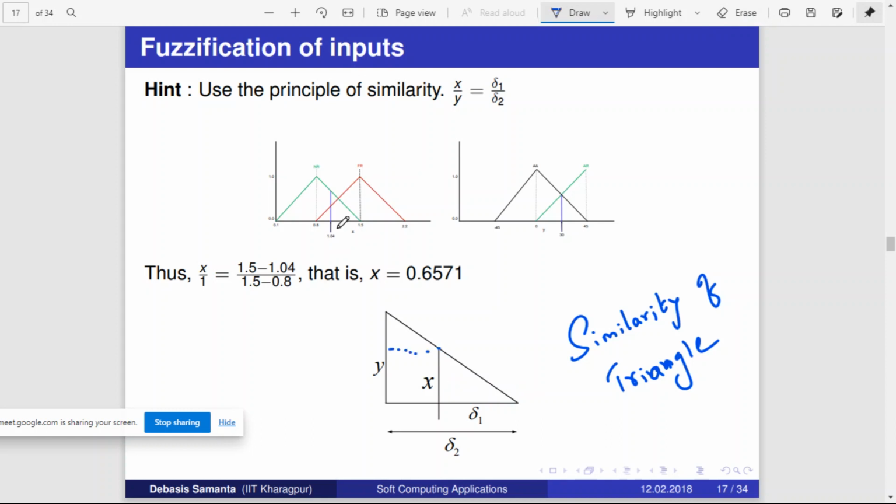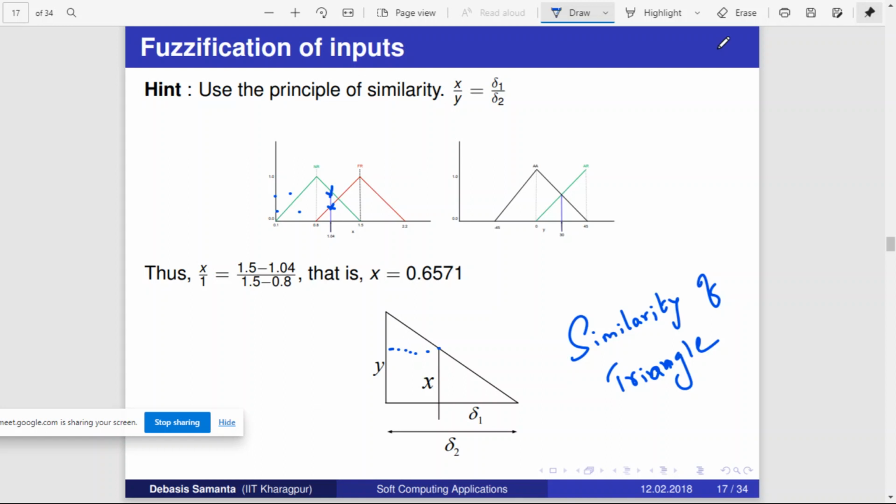We are also facing the same problem here. This is 1.04, so what is this value? We don't know exactly. Similarly, this value we don't know. So for calculating these things, we are going to use this similarity of triangle method. If you want to know this x point, then you can apply this formula. The formula says x by y, where x is what you want to calculate, divided by y.